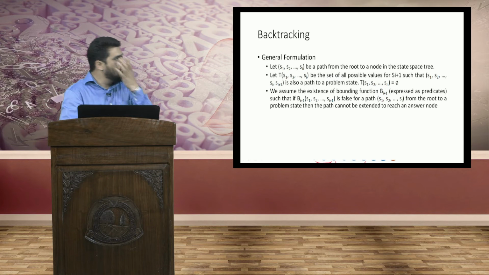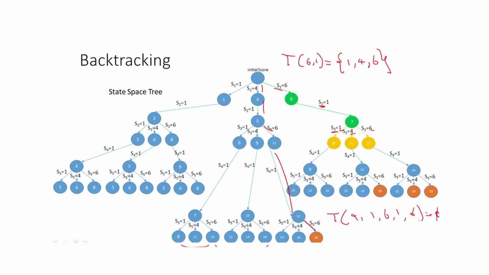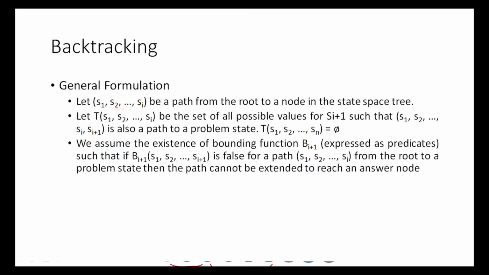So, we are trying to find a simple general formulation of the backtracking problem. We have considered a path represented by S1, S2 to Si, and let T of S1, S2, Si be all possible values that Si plus 1 can take.